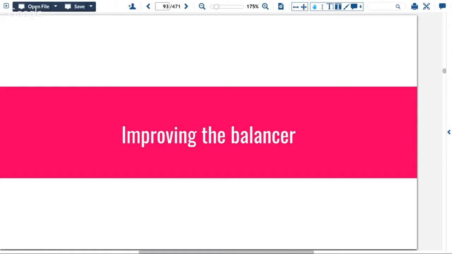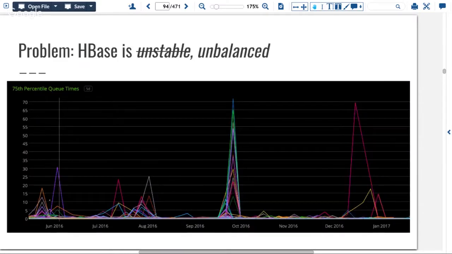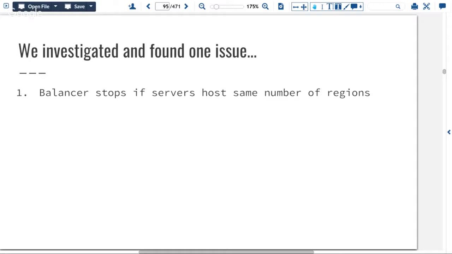Great. Thank you, James. All right, so now I'm going to talk about some of the work we've done on the balancer. This is a journey about finding stability through balance. We began investigating some issues that our clusters were having, and we found a couple of issues. The first issue was that the balancer stops running when servers have the same number of regions.